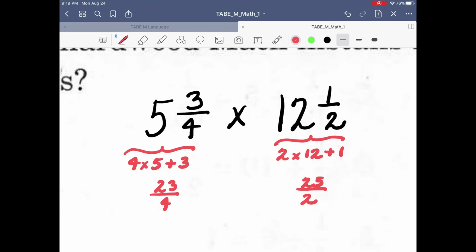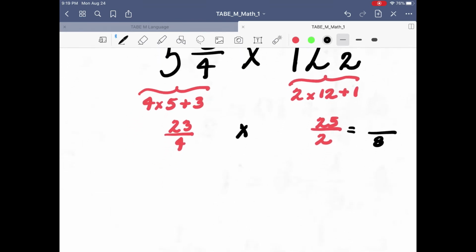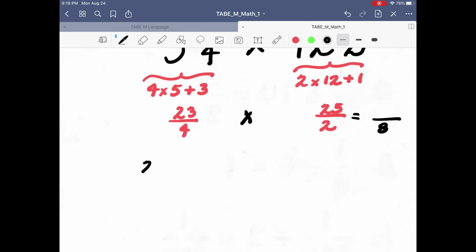Now, unfortunately, this one is not going to cancel. So we're going to have to do some long multiplication here. The bottom is short multiplication. But 23 times 25, I'm not going to do that in my head.